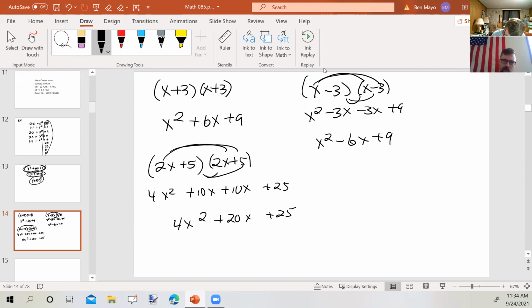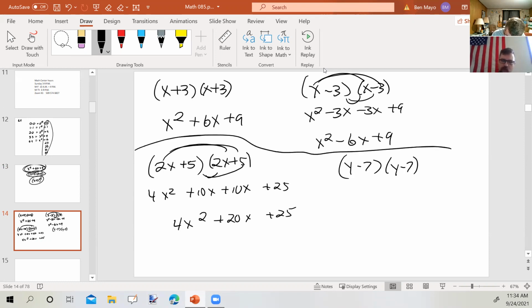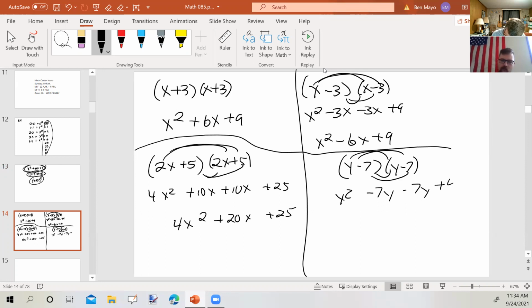And finally, let's do, how about y minus 7 times y minus 7. So we get y squared minus 7y minus 7y plus 49, combine like terms. That looks too much like an x.